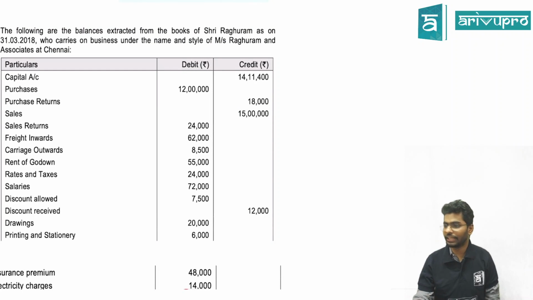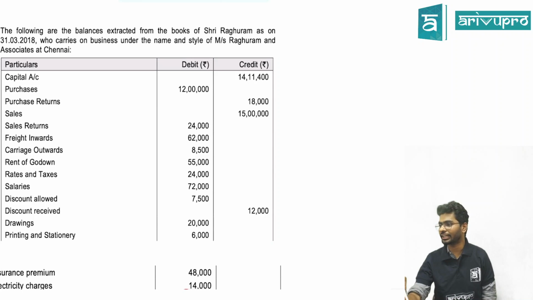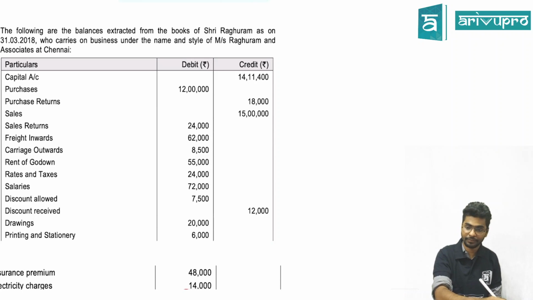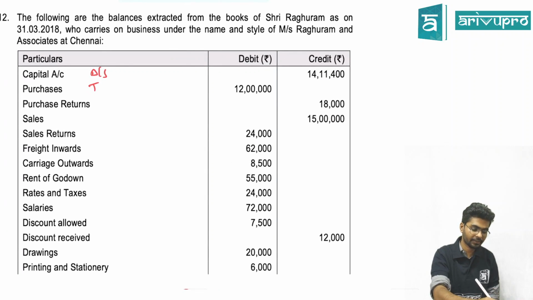Guys, first thing, let's just take a minute and try writing Trading, P&L and Balance Sheet. Everyone, take out your question. Trading, P&L, Balance Sheet. Let's do the identification. Capital. Purchases, trading. Purchase returns.